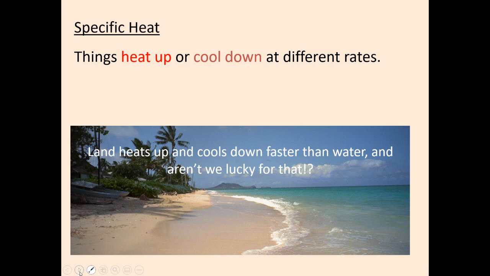So why is it good that our planet has so much water on it? It's because of that high specific heat. That water actually acts as kind of like a temperature control for our planet, because it can absorb a ton of energy without its temperature changing.